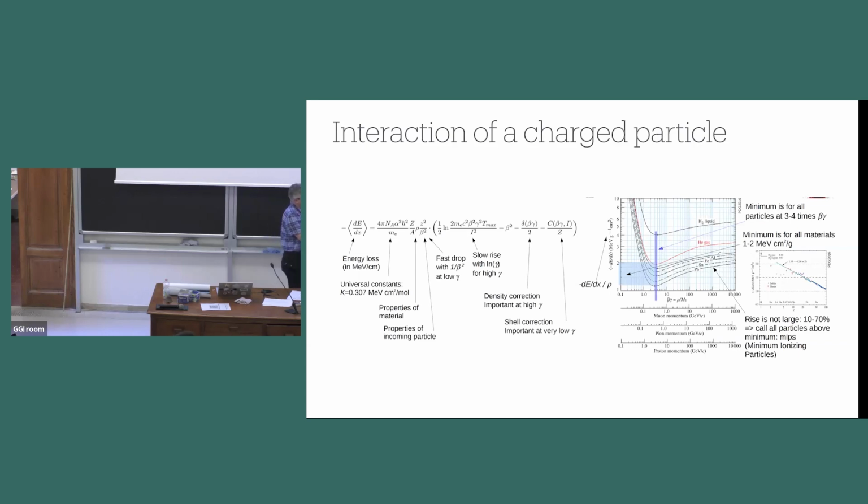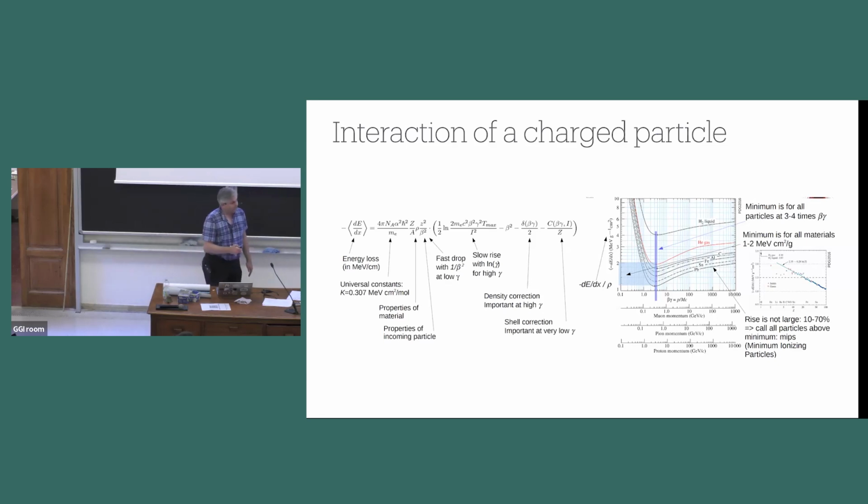But you note that a lot of the particles of interest, for the types of processes that we're talking about, have a momentum on the order of a GeV to hundreds of GeV. If you look numerically, because this is a log plot here, this is close to the minimum ionizing potential for a lot of those particles. And it's a little bit larger here, but it's still pretty close to a few MeV centimeters squared per gram in these units.